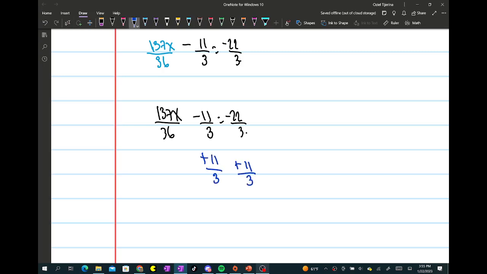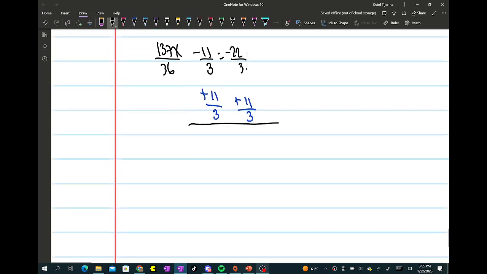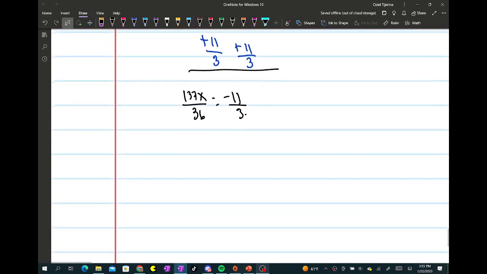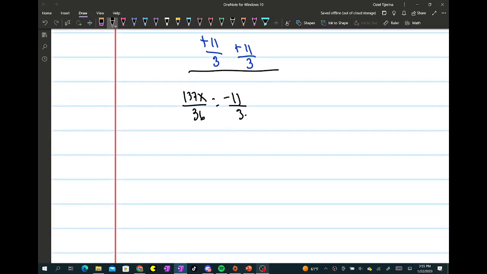So we have 11 thirds, and we have 137x over 36 equals negative 11 over 3. Okay, so then you can either make these two have the same denominator, or you can cross multiply. Either way, it's going to give you the same answer.